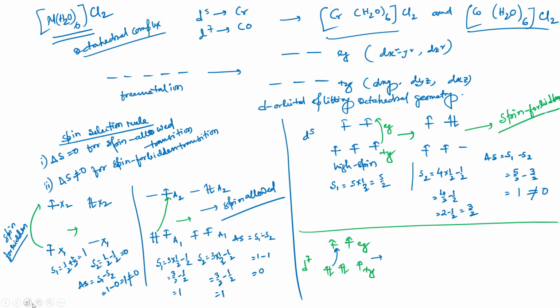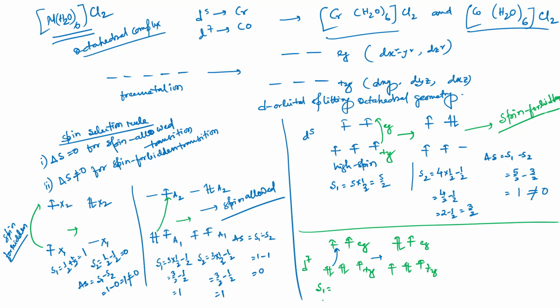The configuration will look like this: in the t2g set two orbitals have a single electron and one has a pair of electrons, and in the eg set one has a single electron and the other has a pair of electrons. So two different configurations are possible after this d-d transition.